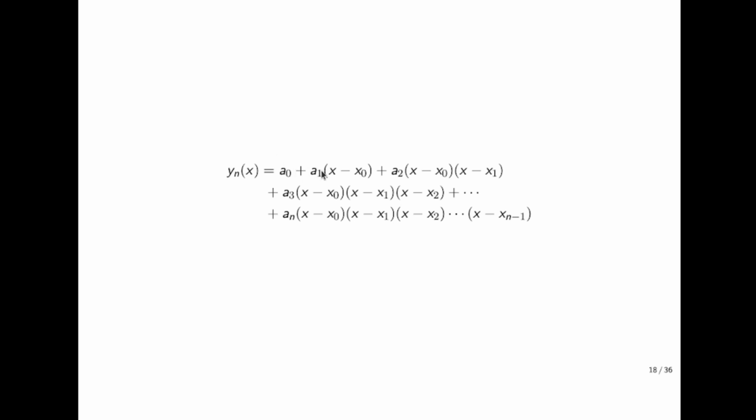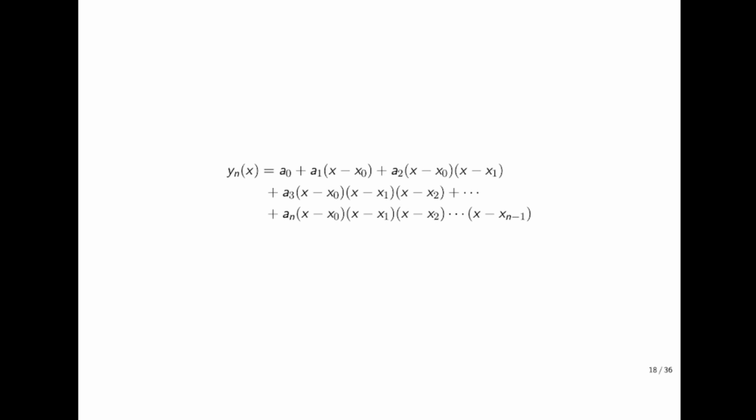For that, we will substitute x equal to x1 on both sides. When you substitute x equal to x1, on the left hand side you will get y1. On the right hand side, from the third term onwards, all the terms will become 0 because x1 minus x1 is a factor in all these terms. So you are left with y1 equal to y0 plus a1 (x1 minus x0). So a1 will be equal to (y1 minus y0) divided by (x1 minus x0).